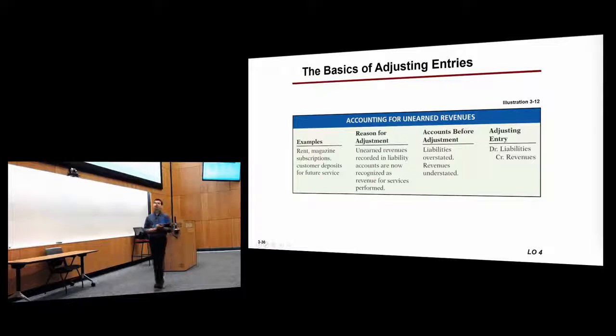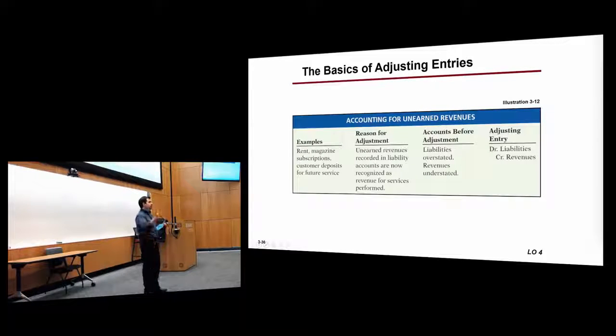So this is how we deal with unearned revenues. We debit the liability, which is unearned revenue, we credit revenue. This is how we adjust for the earned part of unearned revenue.